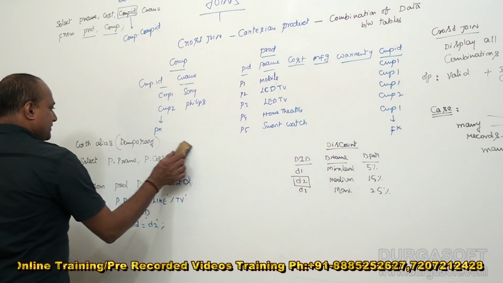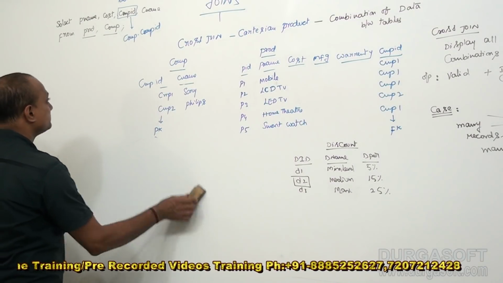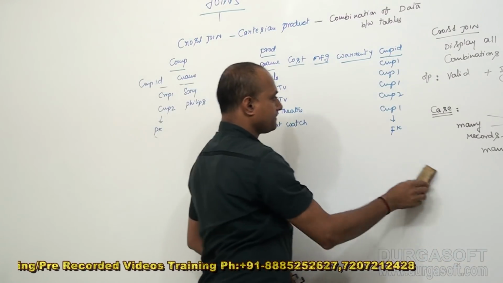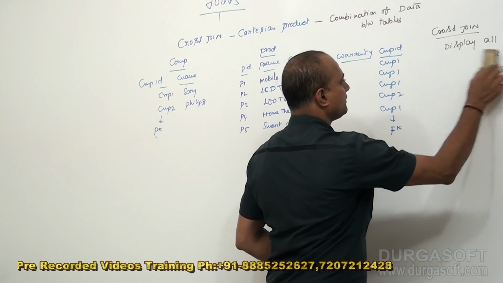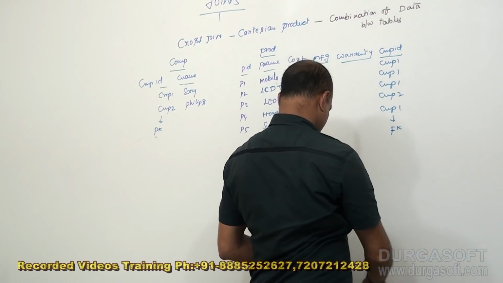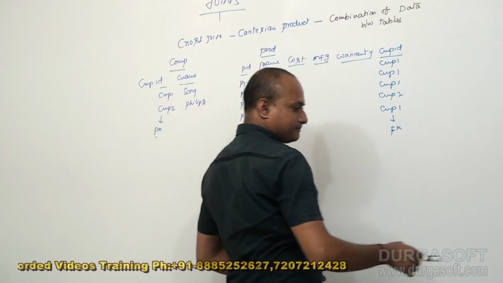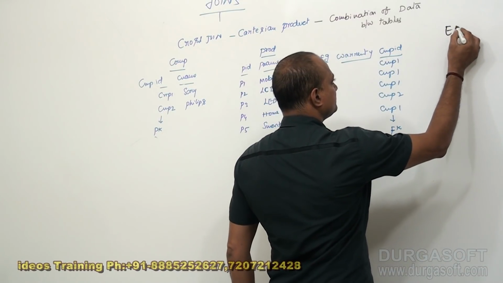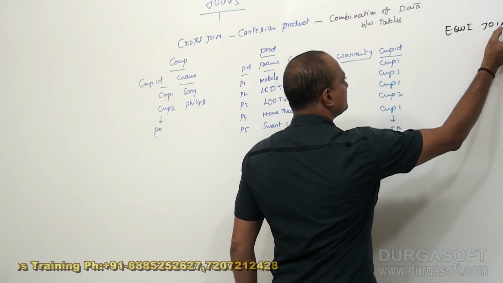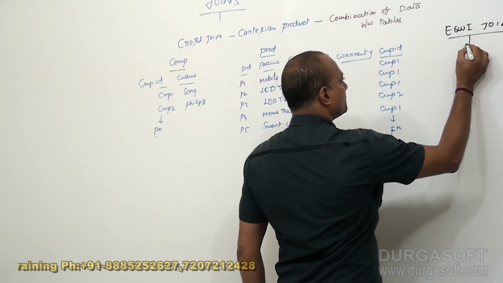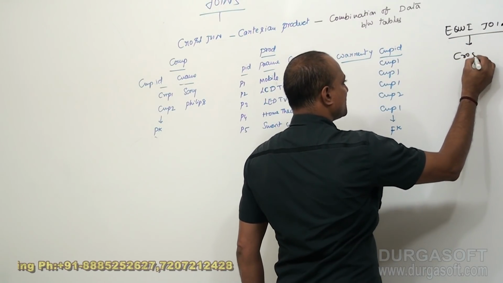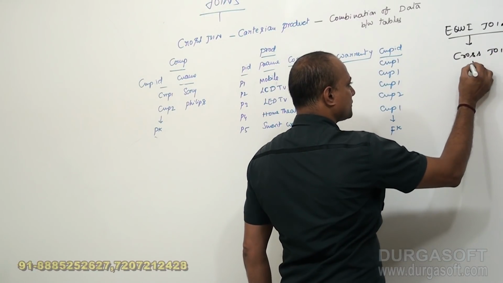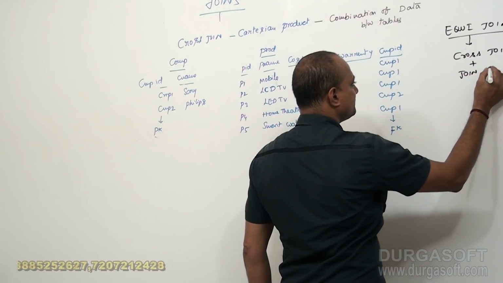What is Equijoin? Listen carefully. So Equijoin is also a cross join, but cross join with join condition.